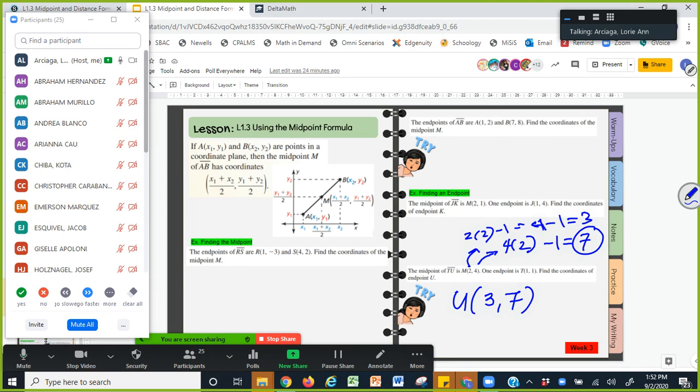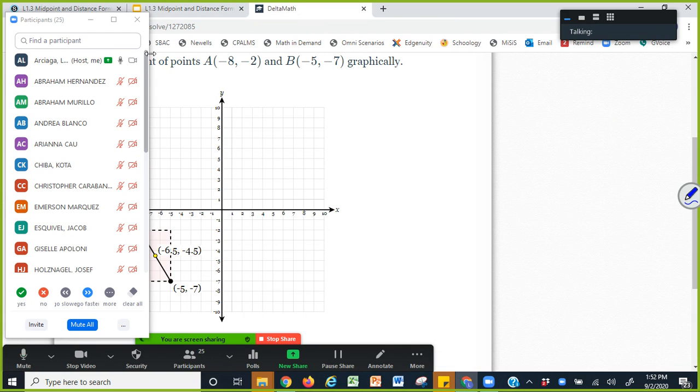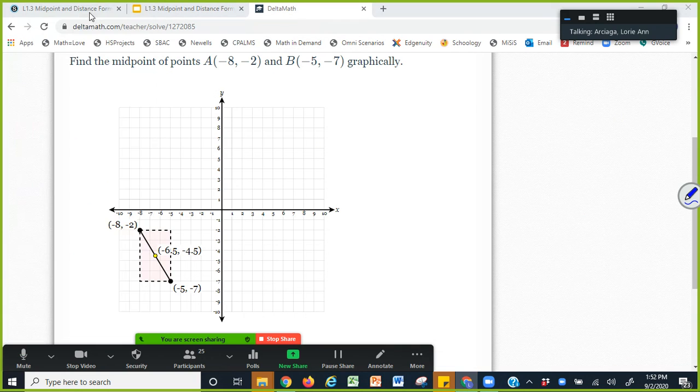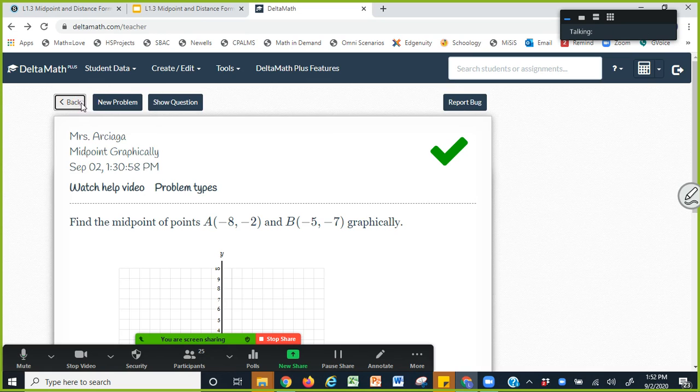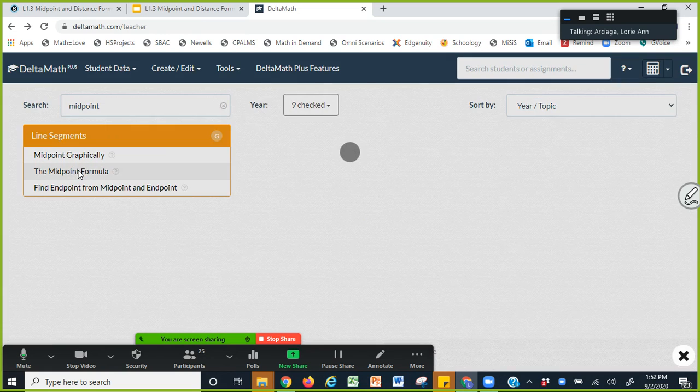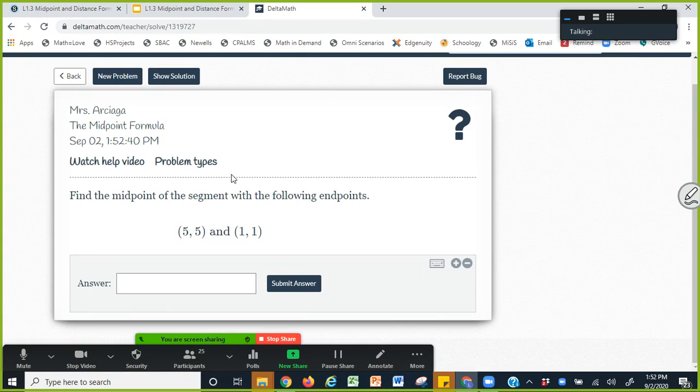All right, so I do hope that those gave you examples on how to find the midpoint. I'm going to erase this and show one in Delta Math. Okay, back. Now let's do the midpoint formula. Find the midpoint of the segment with the following endpoints. So this is the regular type of problem when the midpoint is the one missing. So what are you going to do?